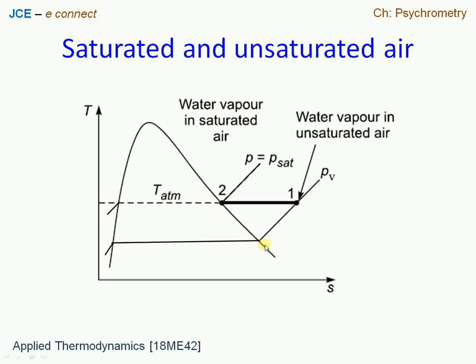Here we have a moisture sample, state point 1 representing a sample of moist air, and we know that moist air is a combination of dry air and water vapor, and the vapor at state point 1 is at a superheated level.